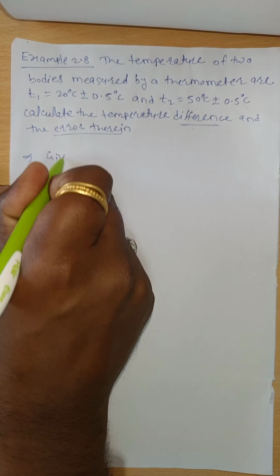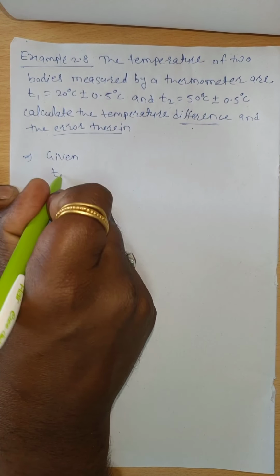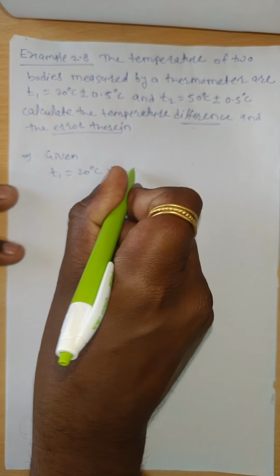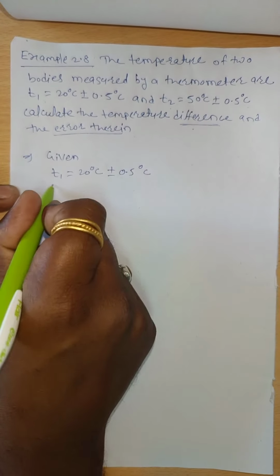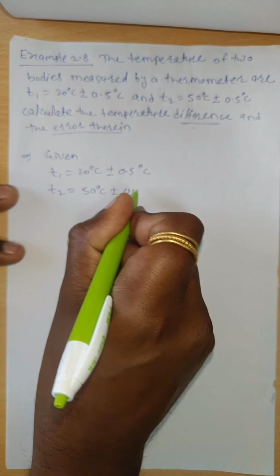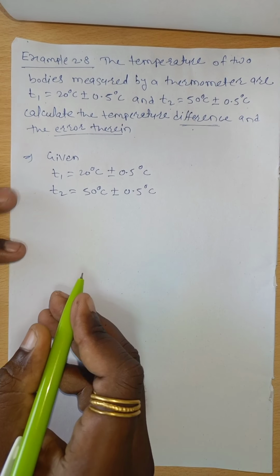What they have given is T1 equal to 20 degrees Celsius plus or minus 0.5 degrees Celsius, and T2 equal to 50 degrees Celsius plus or minus 0.5 degrees Celsius.